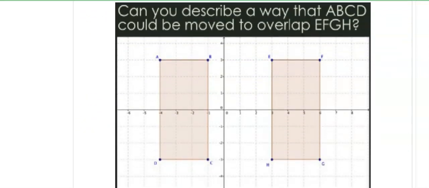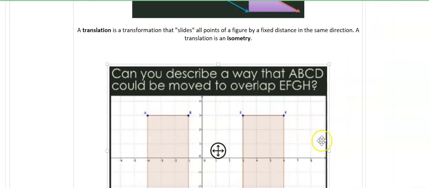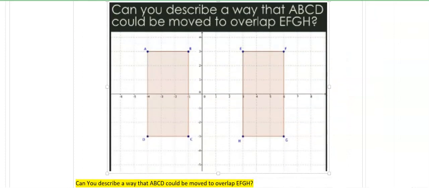Now, is there a way, I'll zoom out some, that you can describe how this shape right here, A, B, C, D, can be moved to overlap E, F, G, H? So if I want to overlap, this means I need to match up all my points.